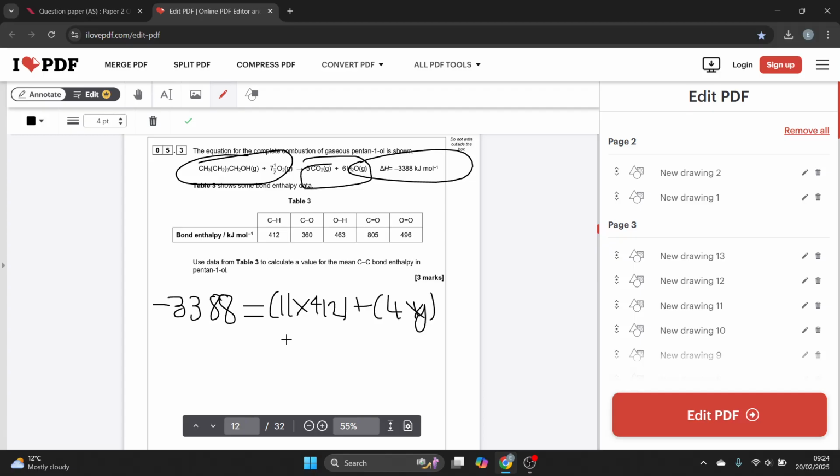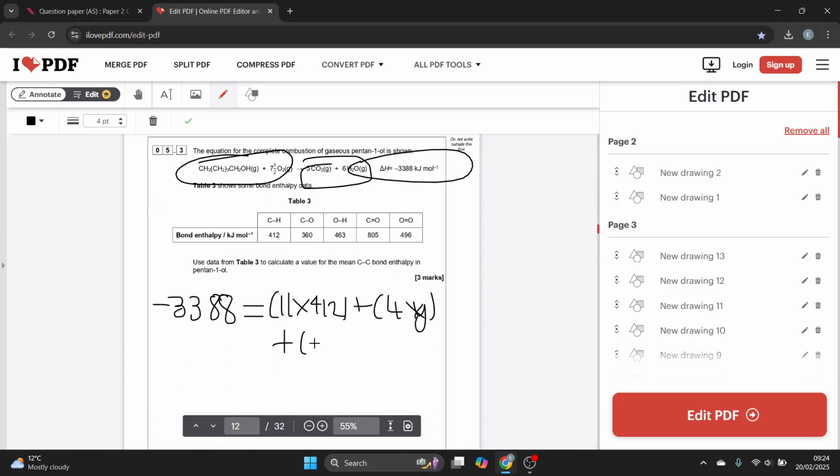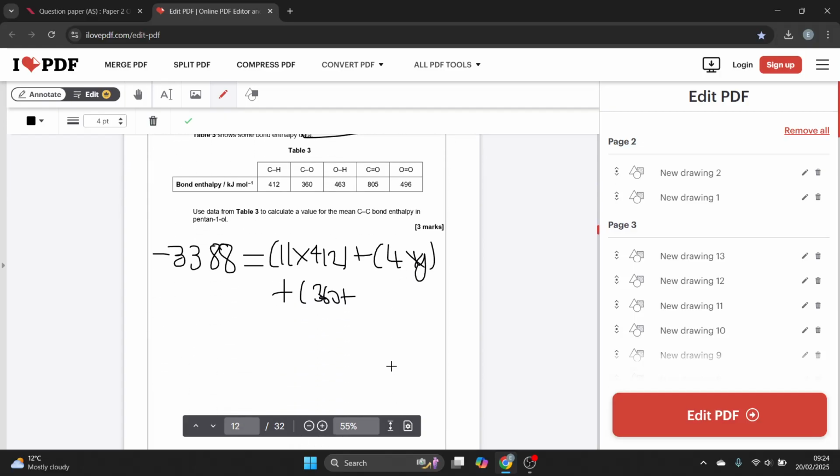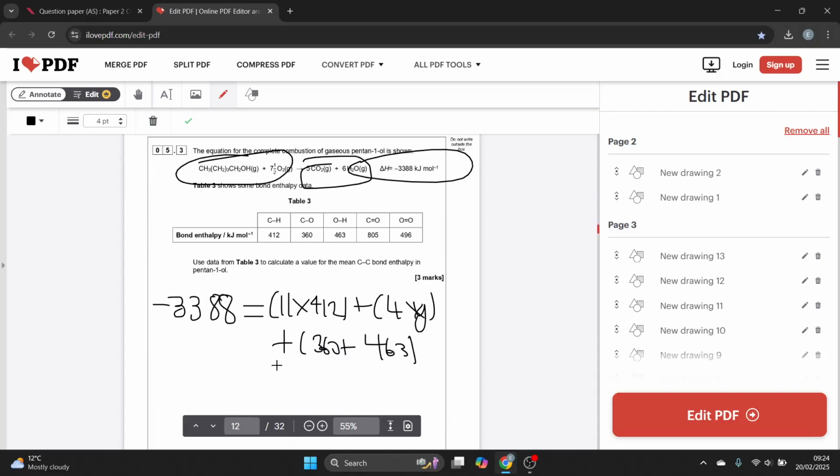So 3y, plus your carbon-oxygen bond 360, plus oxygen-hydrogen bond 463, plus your 6 O2. So O2 is just going to be 6 times by 496.